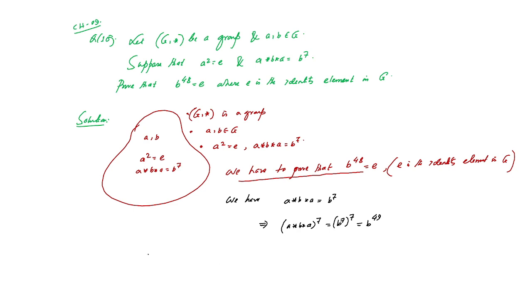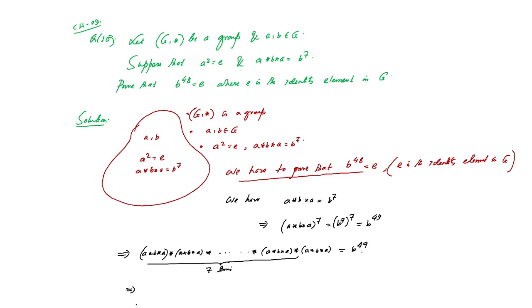Using associativity, what can we write? A star B star A, star A star B star A, star A star B star A, and so on, 7 times, equals B to the power 49.